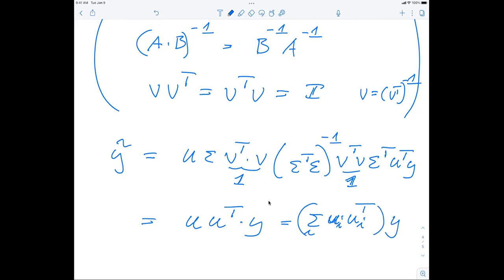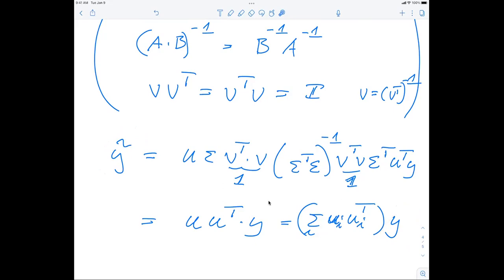What it says is that the column vectors U of the orthogonal matrix give us the relation between the original data set. This is a kind of projection of the original data set into the model which we've made. So this gives a precise mathematical link between the model which we've made and the data which we have.